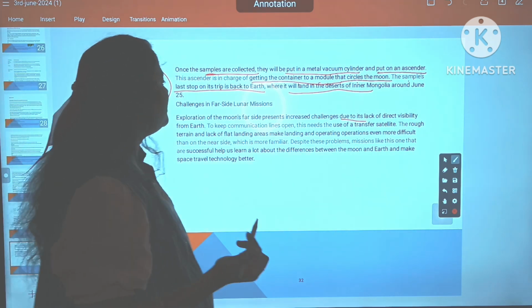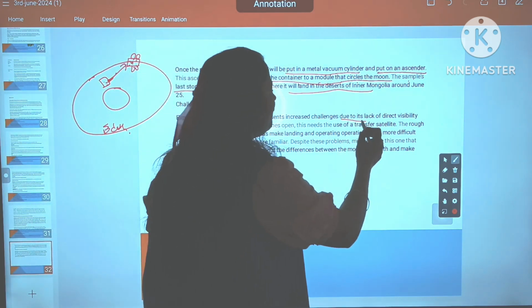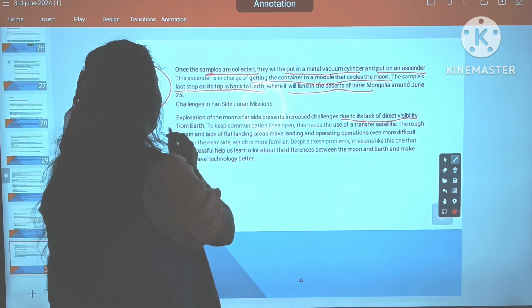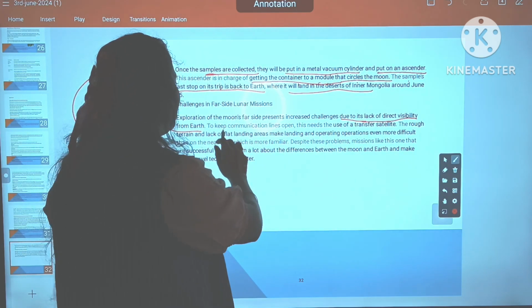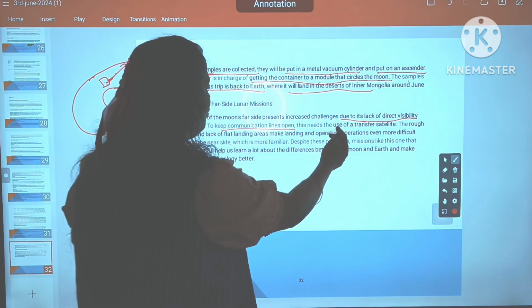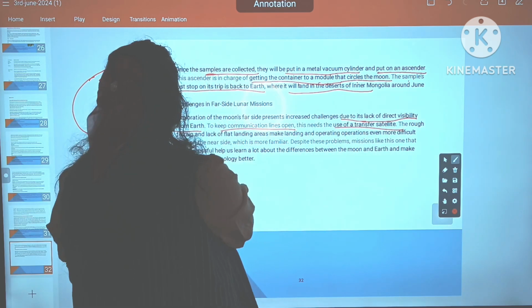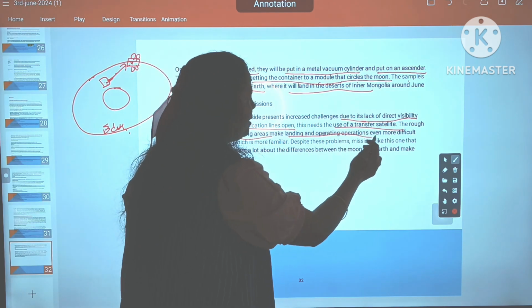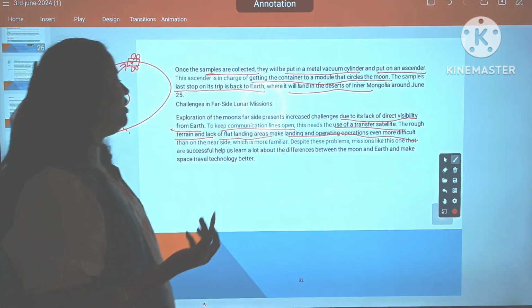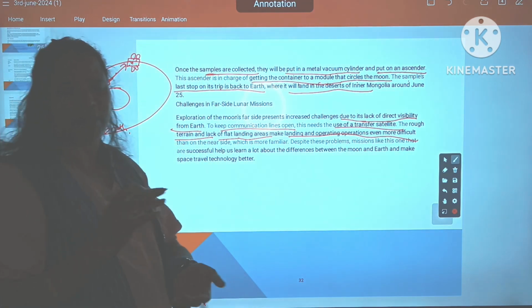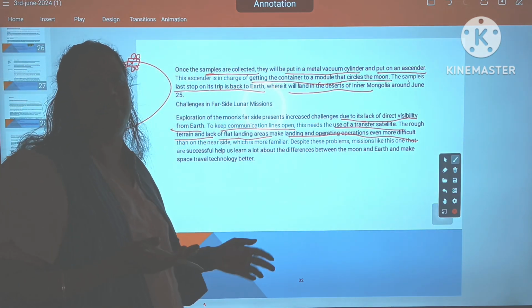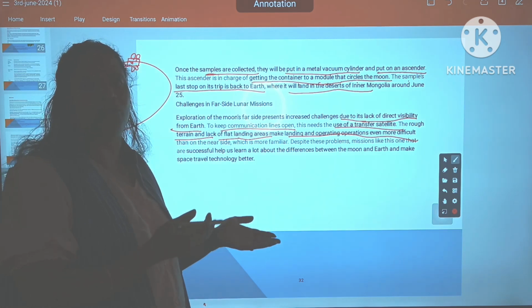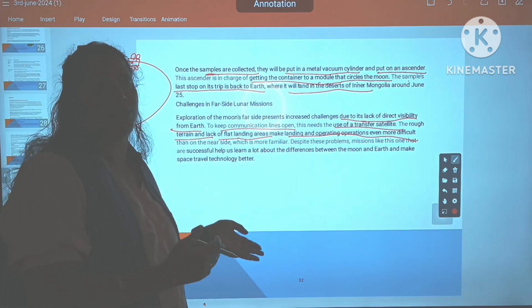So what are the challenges in this mission? Lack of direct visibility from Earth. Okay, the communication lines open, use of transfer satellite, rough terrain, lack of flat landing areas, landing operations make this mission more difficult. Means they have to collect the dirt on the moon, they have to send it to Earth. It is not like we are going from Delhi to Maharashtra to Delhi.